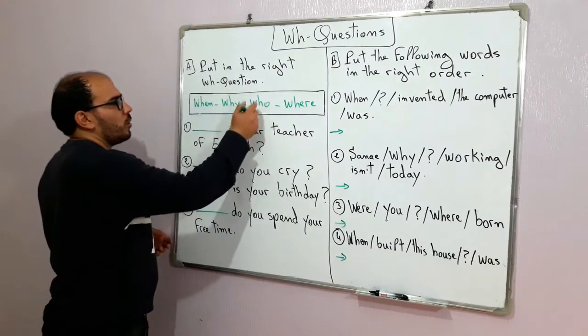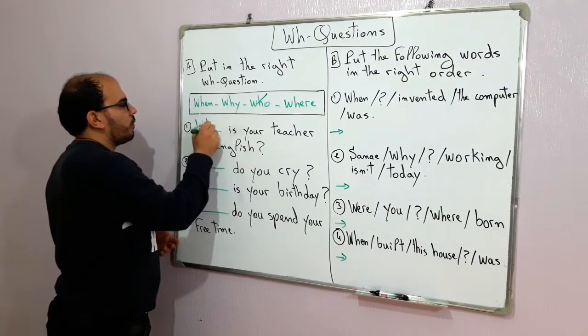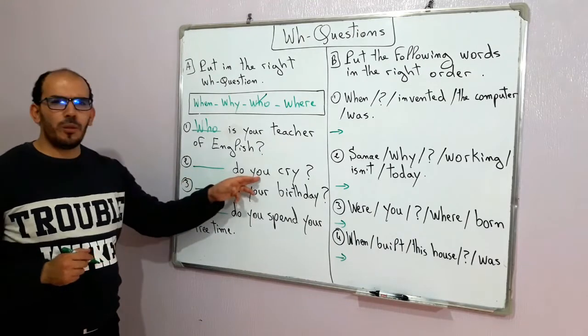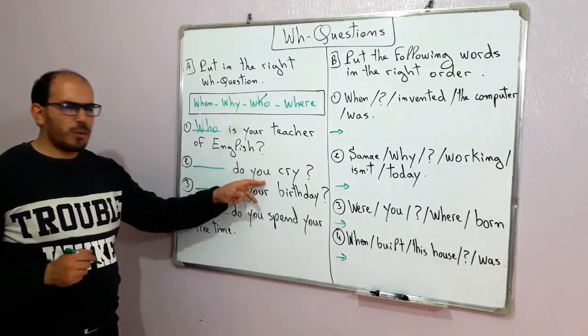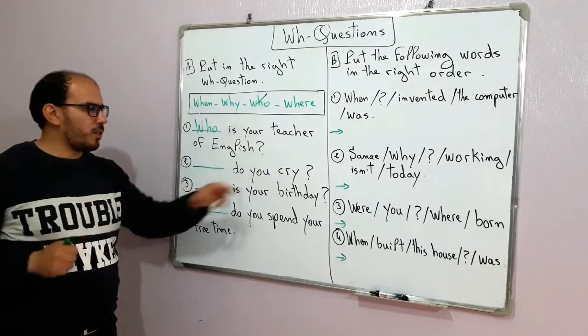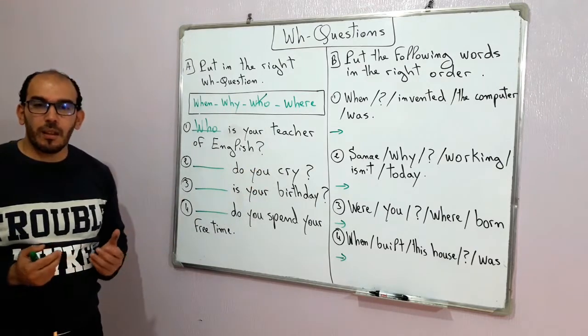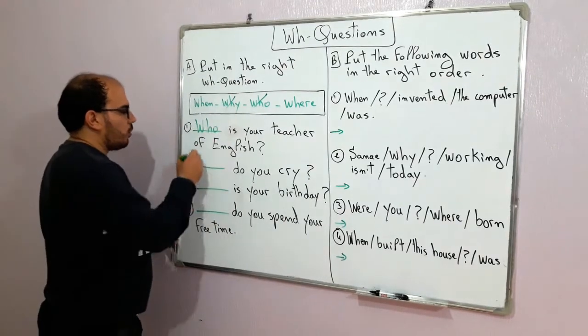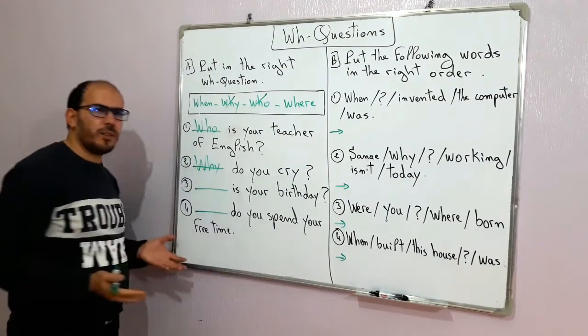So we have to use who. Who is your teacher of English? Do you cry? Someone is crying, so I say, do you cry? And I don't understand the reason, so I use why. Why do you cry?